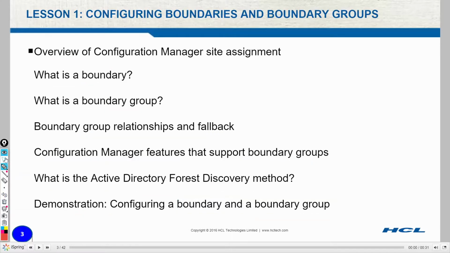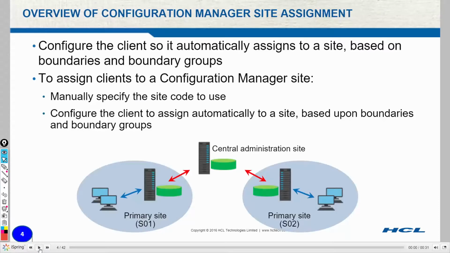So moving ahead, now configuring the site assignment. Configure the client so it automatically assigns to a site. When a client joins an Active Directory domain, this is our client machine, Windows 10, Windows 8, 8.1, etc. A desktop OS joined to a domain is known as a client.